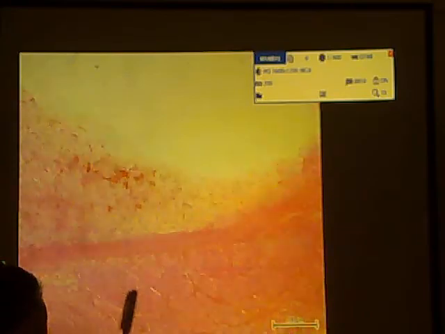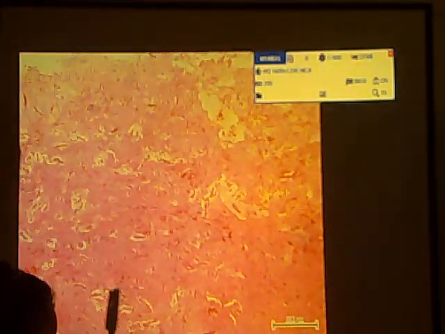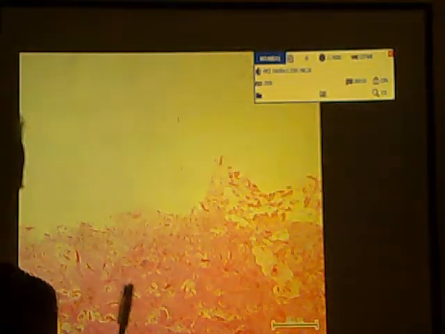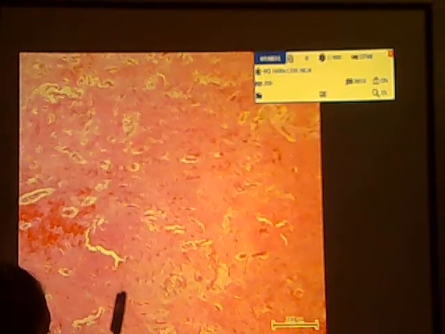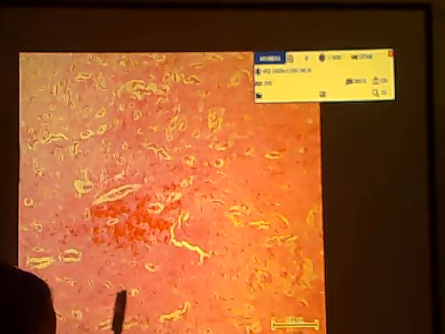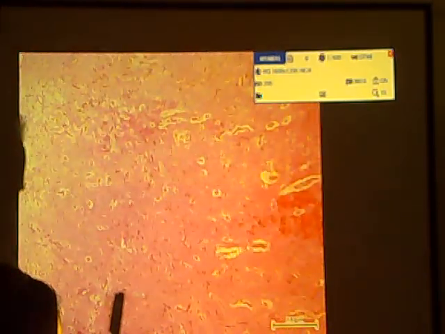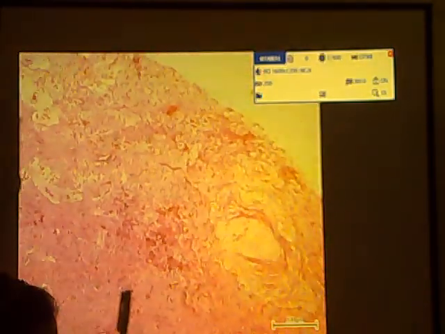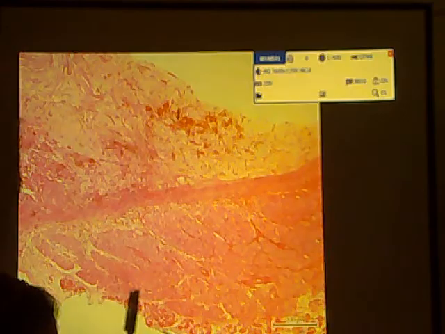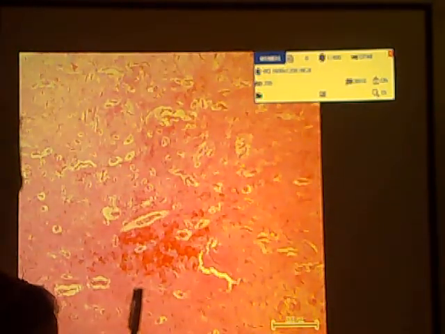So this is your myxoma, composed of loose myxoid stroma, which is hypocellular as compared to the normal tissue. And you will see scattered spindle-shaped cells with scant pink cytoplasm.